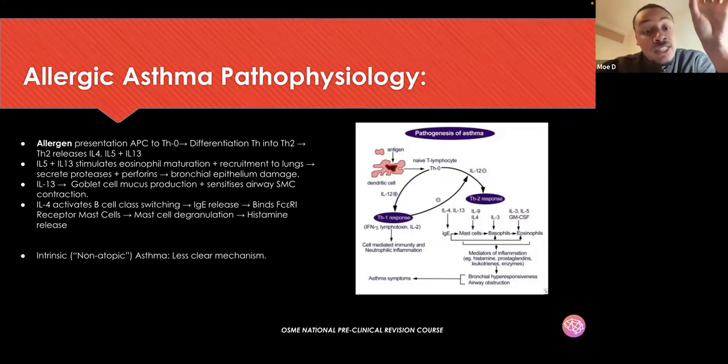Those IgE antibodies will then bind to the surface of mast cells present in the airways, so that upon exposure, the allergen binds to the IgE on the surface of the mast cell and stimulates the mast cell to degranulate. That causes the release of histamine, which will cause some of the pathologies that we're going to describe in the next slides. In comparison, for intrinsic non-atopic asthma, the mechanism is less well understood.